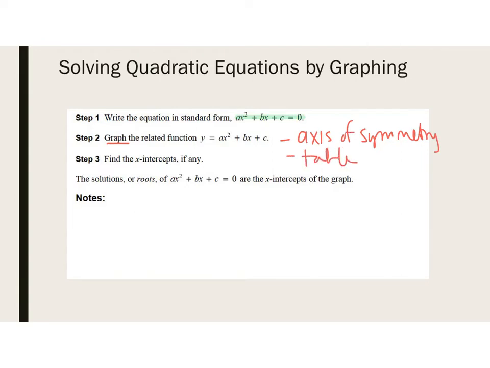So we're going to graph until we find our x-intercepts, and those are our answers. And they are also called the solutions or the roots, or they're also called the zeros. So one thing that has so many names. All right, so let's see what that looks like.